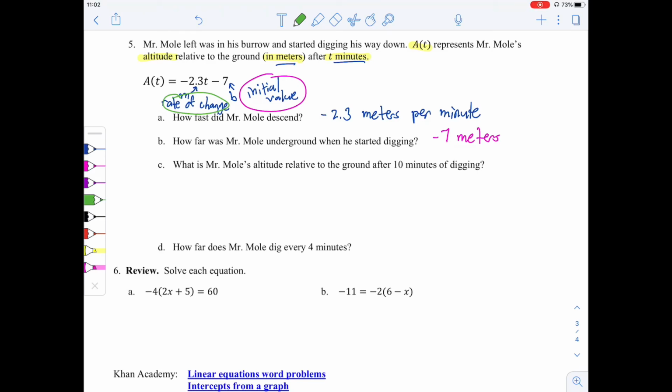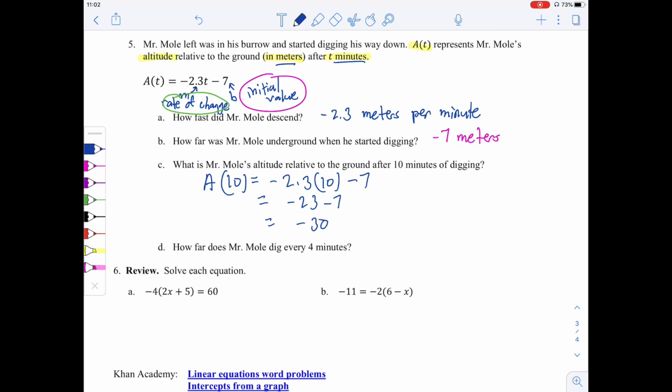So what is Mr. Mole's altitude relative to the ground after 10 minutes of digging? So you just gotta find A(10). So negative 2.3 times 10 minus 7. So negative 2.3 times 10 is negative 23, minus 7. So negative 23 minus 7, negative 30.